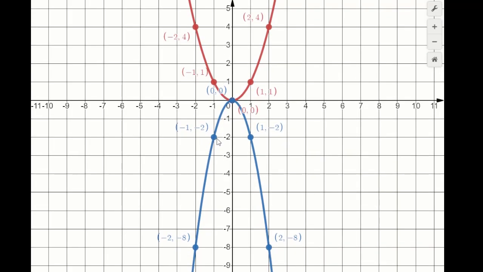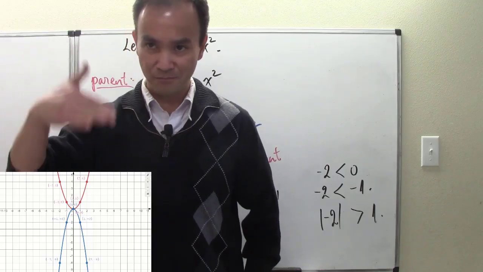When x equals -1, for example, the parent function was +1, pointing up. That's why it's +1 for the y value. But now on the descendant function, it's -2. So the negative made it turn upside down, just like I already pointed out.